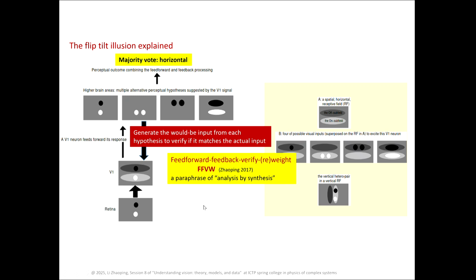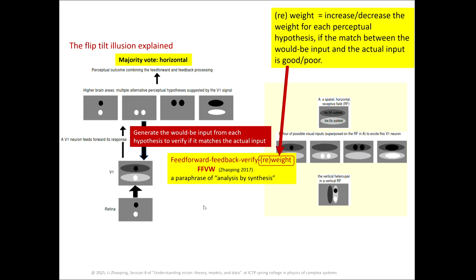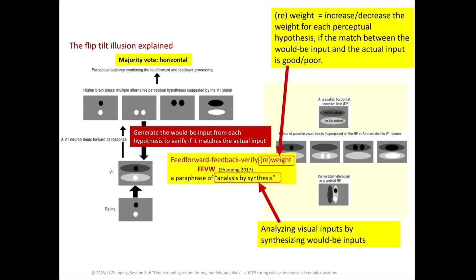This whole process is called feed-forward, feedback, verify, and reweight, or FFVW, which is a paraphrase of analysis by synthesis. This feedback is available in central vision according to the central-peripheral dichotomy. Therefore, central vision does not have the flip-tilt illusion.